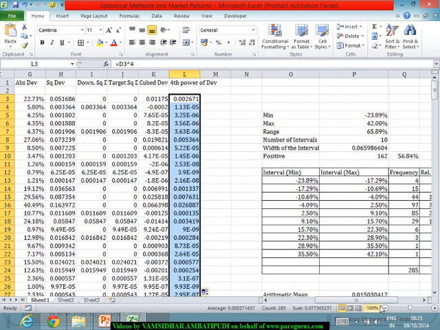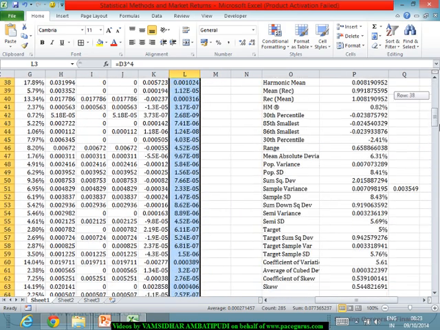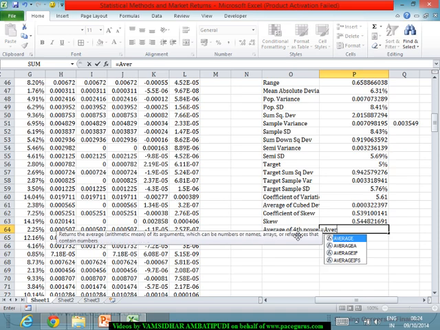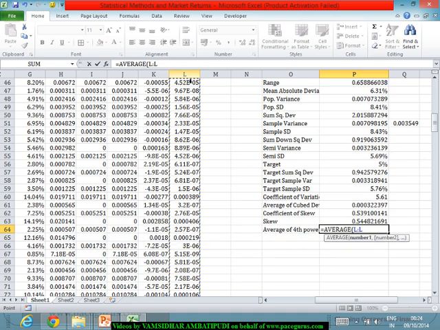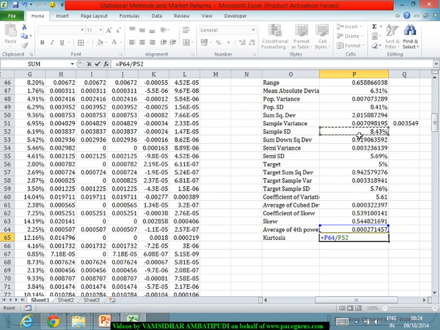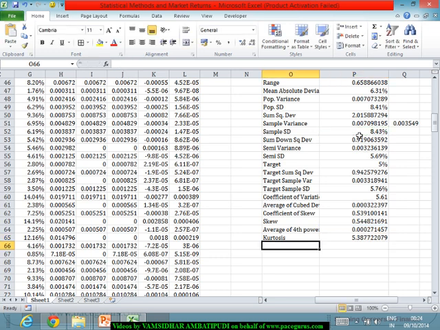I'll take the average of the fourth power deviations, and if I want to find the kurtosis, it comes out as the average of the fourth power divided by the standard deviation to the power 4, which works out as 5.38. So that's what comes out as the kurtosis.